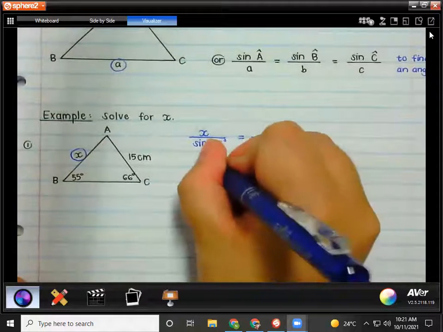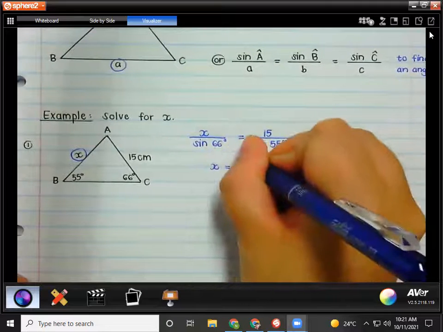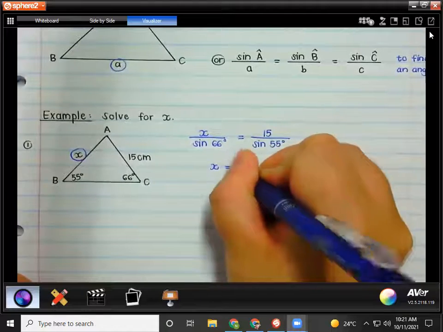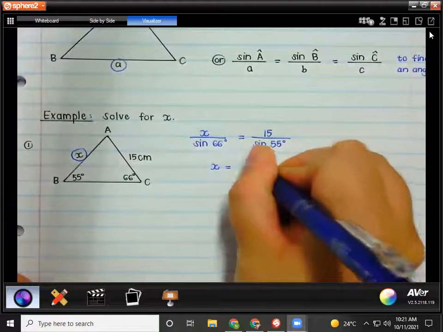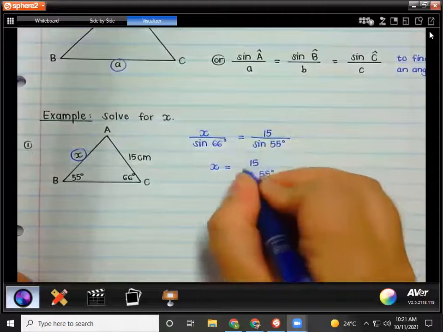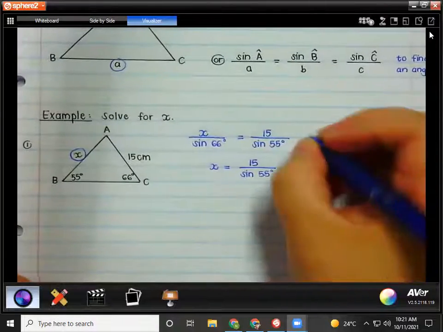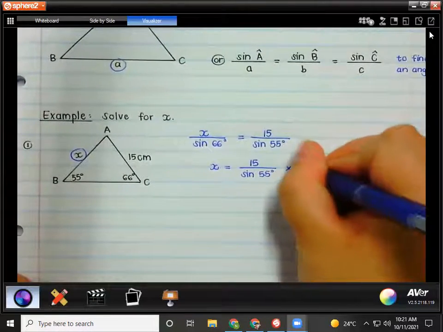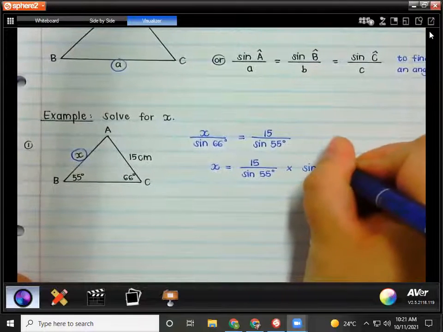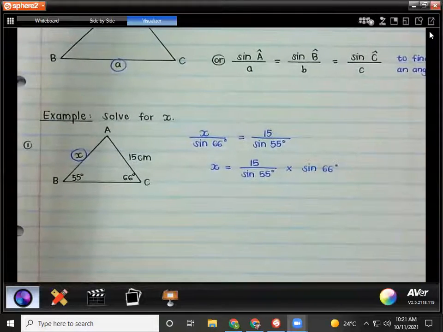So x is going to be equal to, now there are two ways in which you can write this. The first way is perfectly fine. But later on, when we work with variables, I'll show you the second way will be better. That is essentially what we're doing. We're taking the fraction and multiplying it by sine 66. But guys, do you agree that this is the same as sine 66 over 1? So I can actually put the sine 66 in the numerator.